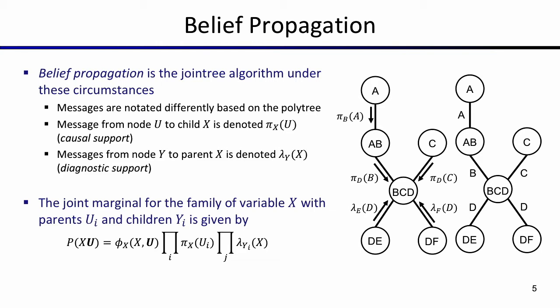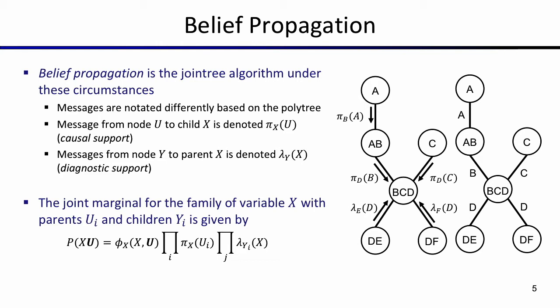But the book made that decision to include this notation, and even the author of the book said in one of his lectures that it was a difficult decision. I think that the main reason for adopting this notation is that it is used in several papers that mention the belief propagation algorithm. So there are these two types of messages.